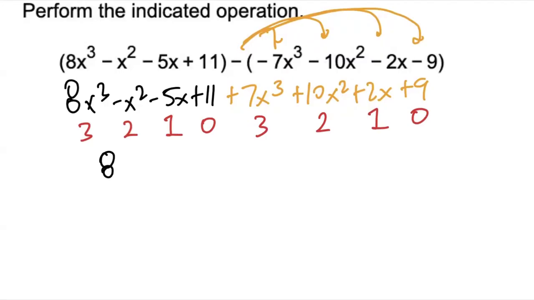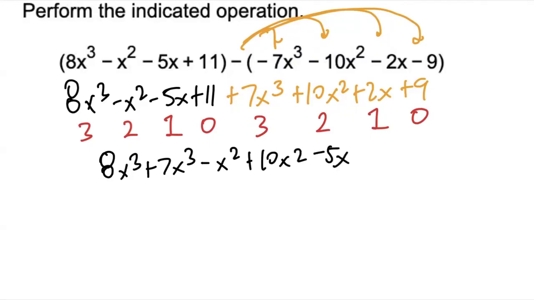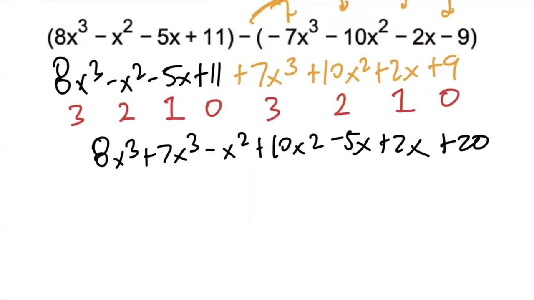So 8x cubed plus 7x cubed. Then we go to the degree of 2, -x squared plus 10x squared, -5x plus 2x. And then 11 plus 9 gives us 20. And then for the very last step, all you have to do is just combine like terms. So 8x cubed plus 7x cubed is 15x cubed.